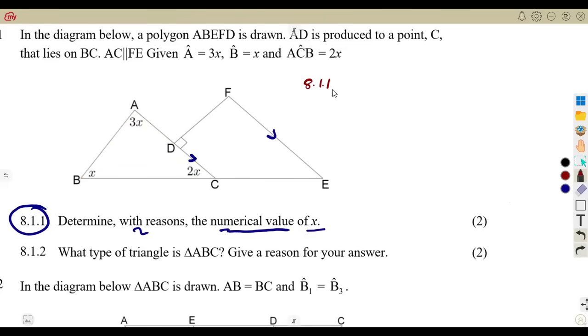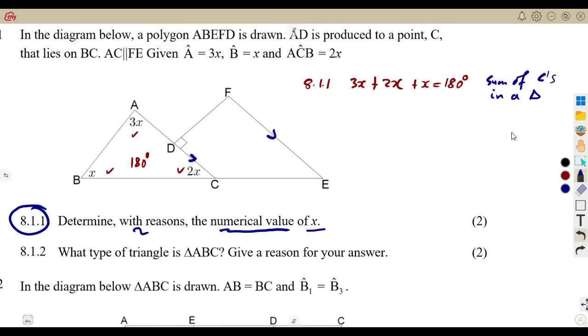And inside of the triangle, we know that these angles are supposed to add up to 180 degrees, the interior angles of a triangle. So if I add these angles, 3x plus 2x plus this x that I'm given, I'm supposed to obtain 180 degrees. There we are simply talking about the sum of interior angles in a triangle.